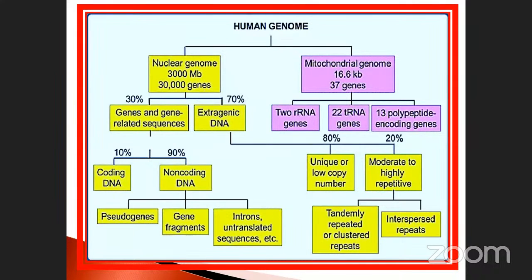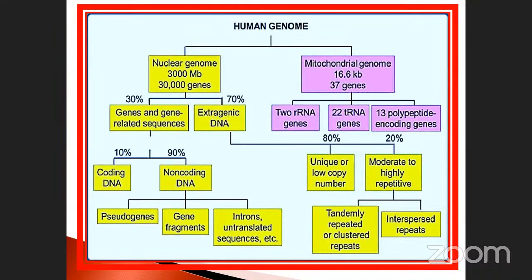Inside the mitochondria, there is a genome. That genome is 16.6 kb, and only 37 genes are present here, compared to 30,000 genes in the human genome. See here what happened: 37 genes: 2 rRNA genes, 22 tRNA genes, 13 polypeptide-encoding genes.